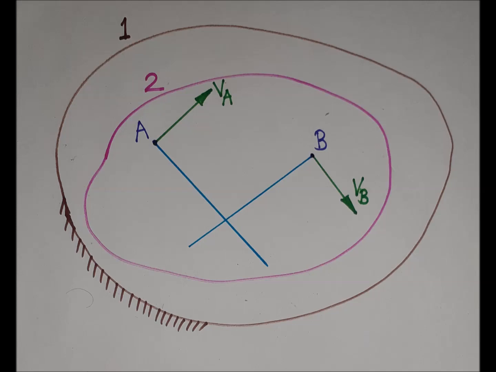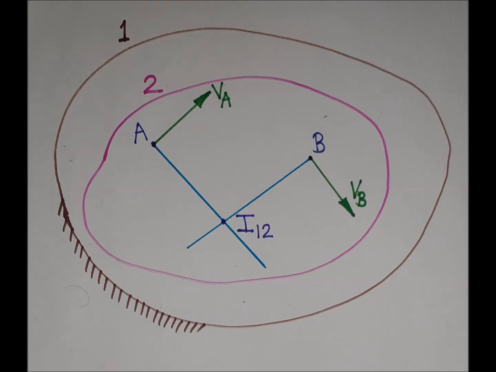ICR I12 is going to lie on both perpendicular lines. The same point can lie on two different lines only at the intersection point. Hence, ICR I12 will lie at the intersection of these perpendicular lines.